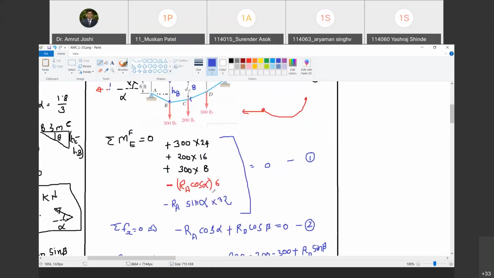And now what about the first equation? So tell me how much is 300 into 24 plus 200 into 16 plus 300 into 8? How much is that? $12,200.